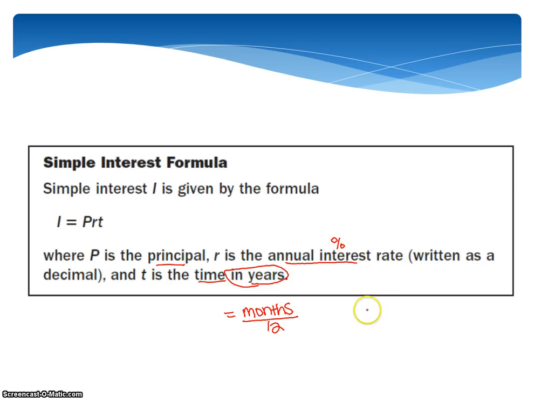For example, if it's 48 months, you take 48 and divide by 12 to figure out how many years. So remember, T is always time in years. This is the important aspect of that.